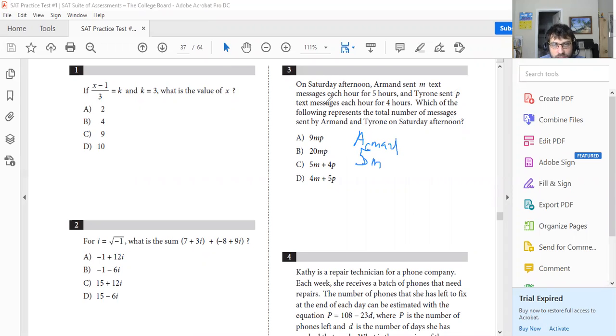And Tyrone sent P text messages each hour for 4 hours. That'll be 4P text messages for Tyrone. Which of the following represents the total number of messages sent by Armand and Tyrone on Saturday afternoon? You would simply add them together. 5M plus 4P.